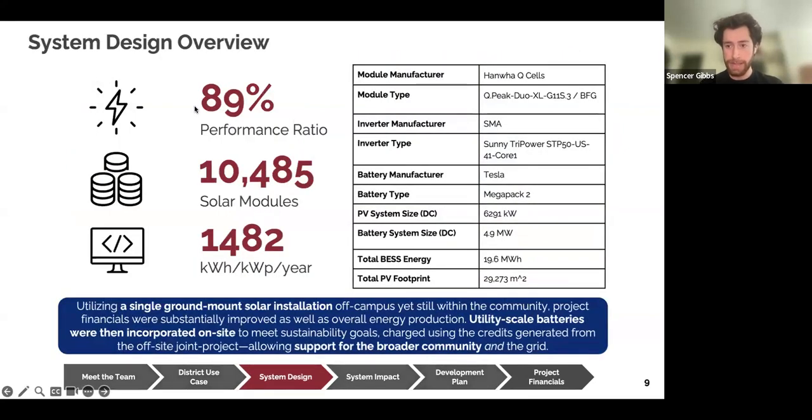So here's a little bit more of a snapshot and some details about the actual system design. For the solar project itself, we have a really high performance ratio of 89%. That'll be about 10,485 solar modules with a specific production of 1482 kilowatt hours per kilowatt peak per year. This high performance ratio is associated with the fact that we have quite a high overbuild for our project, a PNOM ratio of about 1.26.